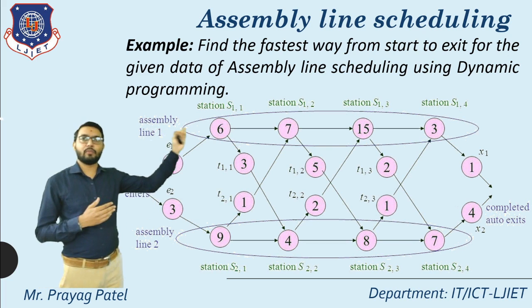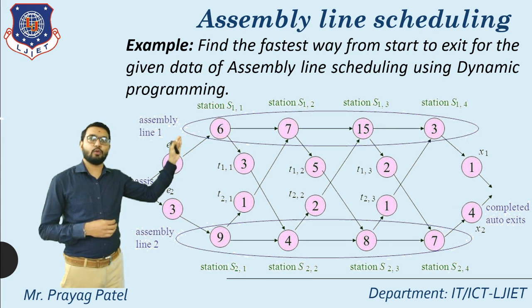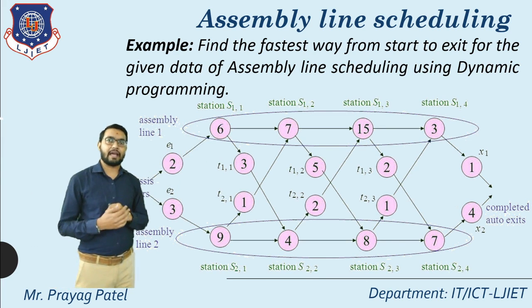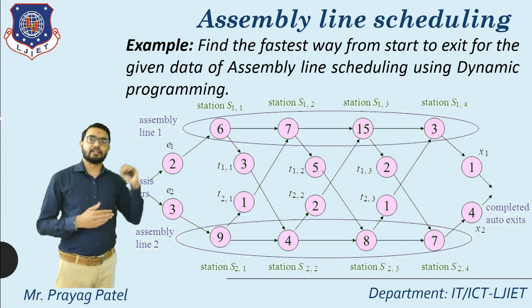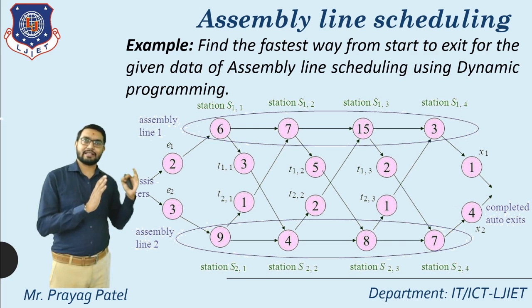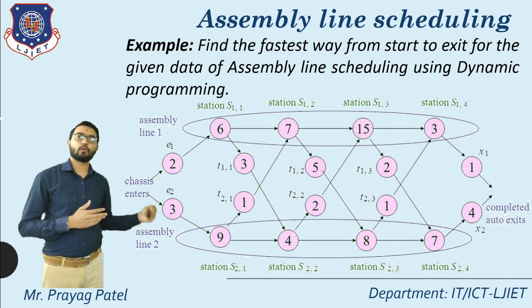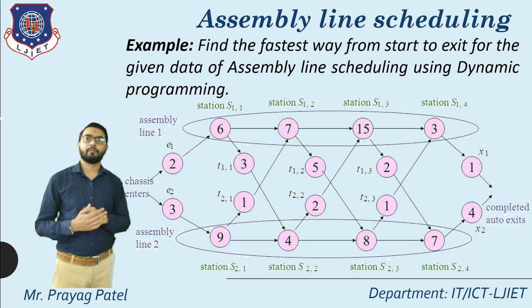For assembly line 1, the value 6 is station S11, 7 is S12, 15 is S13, and 3 is S14. In the same way, you have the stations for line 2: S21, S22, S23 and S24.